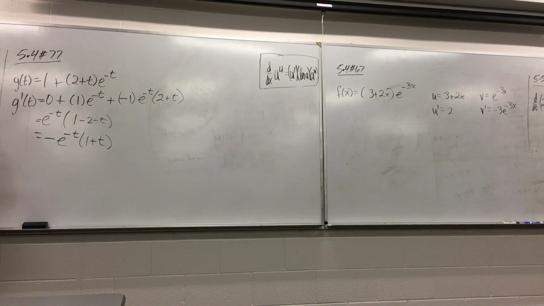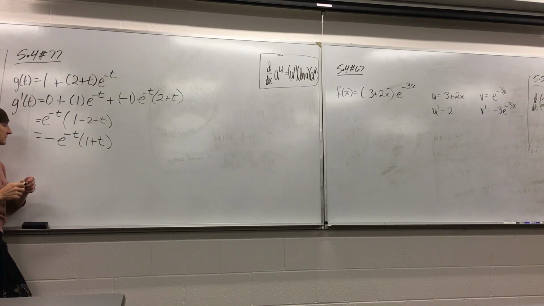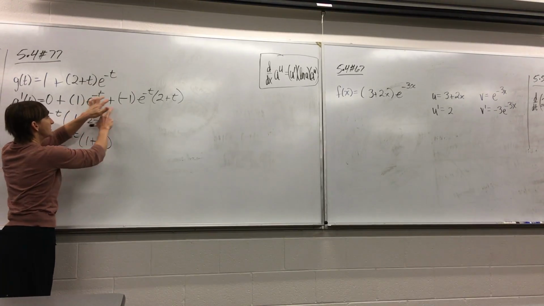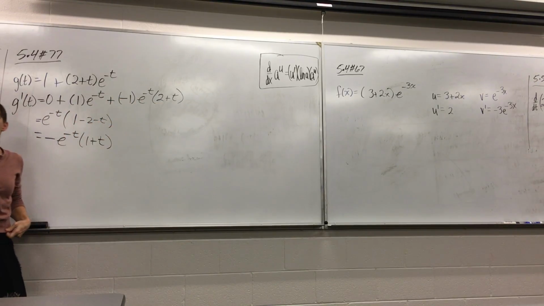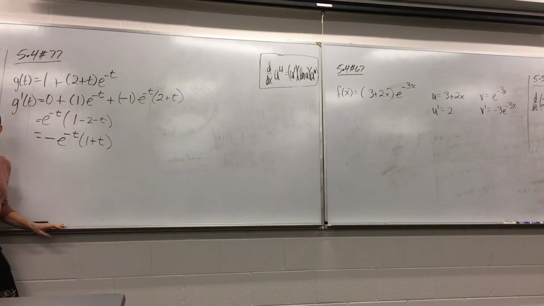So negative 1, because 1 minus 2 is negative 1. Yeah, negative 1 and negative t, so I factored a negative out. Most of you do these in opposite order, and most of you switch these two up, but you'll have to deal with my crazy way of doing it.